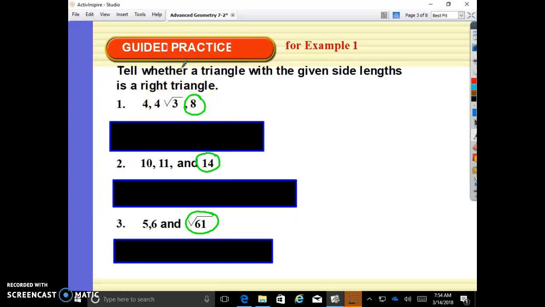Square root of 3 times 4 is 6.9, and 6.9 is definitely less than 8. So now we've identified our hypotenuse. So is 4 squared plus 4 rad 3 squared equal to 8 squared? 16 plus 4 squared is 16 times the square root of 3 squared, which is 3. 16 times 3.